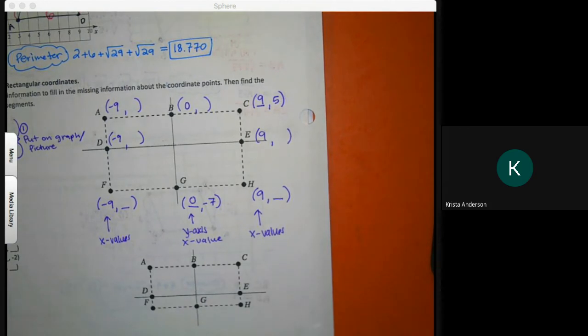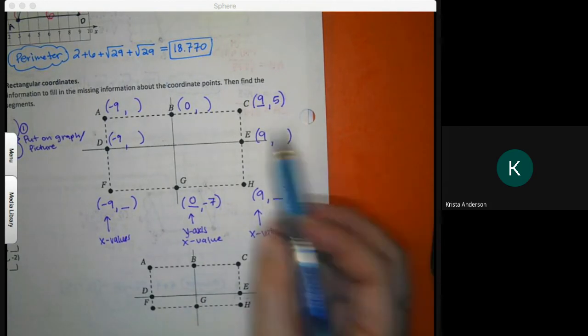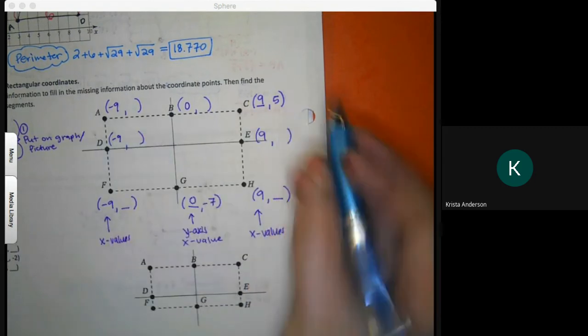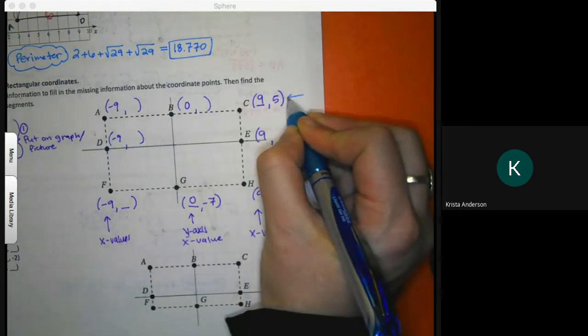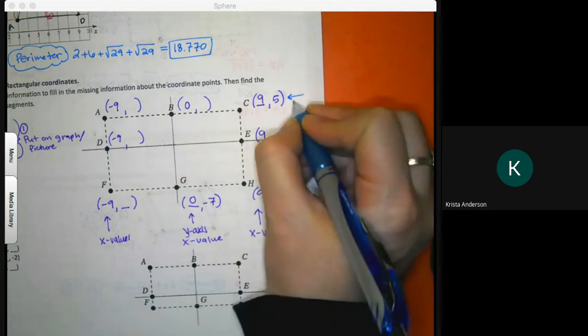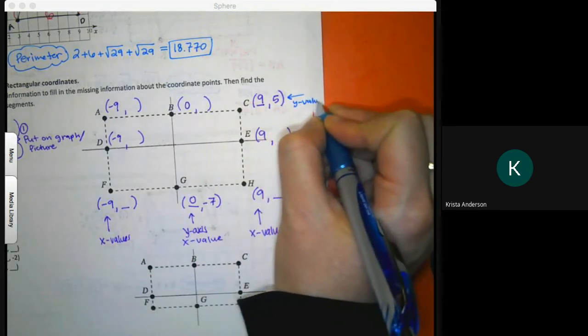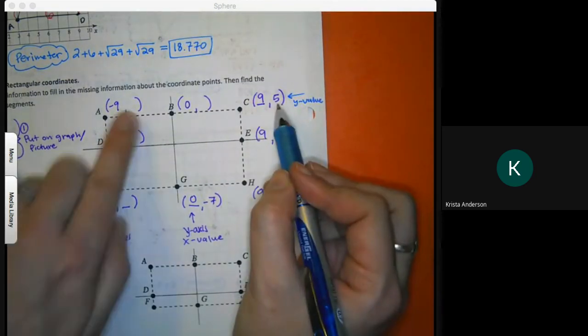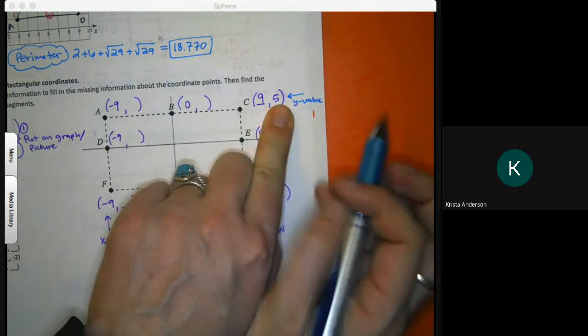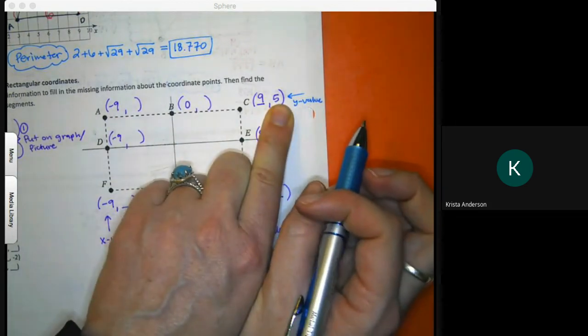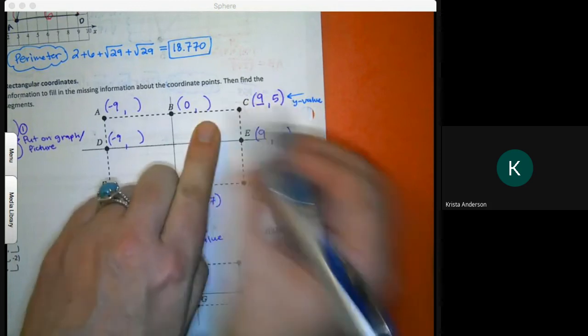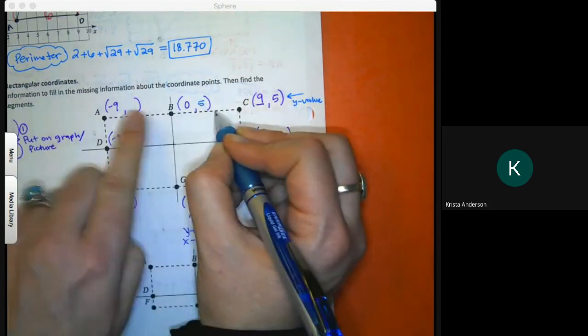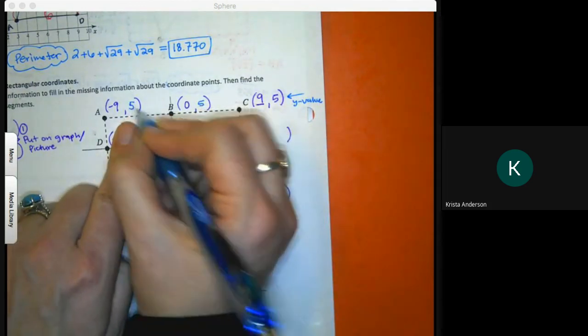Now I'm going to fill in my y values and look at the height. How high is this column? This one says it's at 5. So if there's a 5, I'm going to fill in my height is 5.